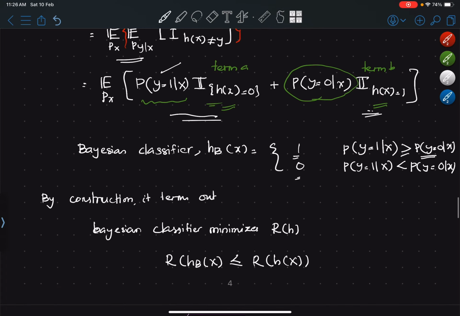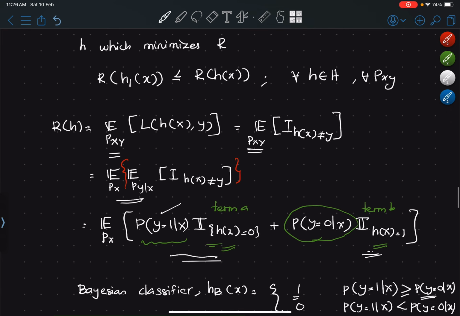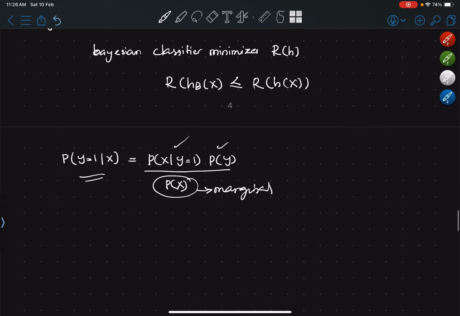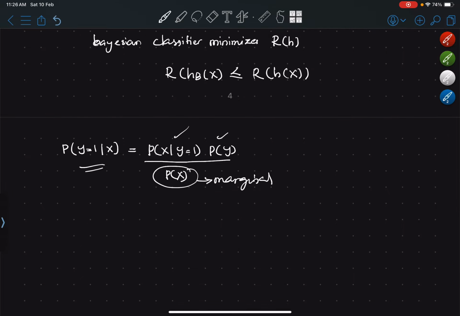This can also be expressed as a ratio: p of y equal to 1 given x divided by p of y equal to 0 given x greater than or equal to 1. We can express it in that form also. So this marginal part, the denominator part, is not important and need not be evaluated.